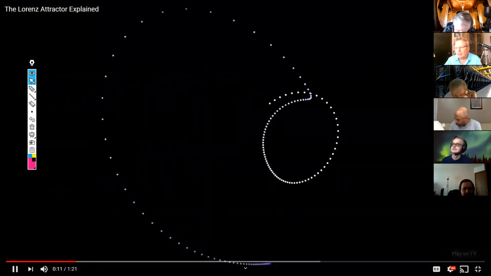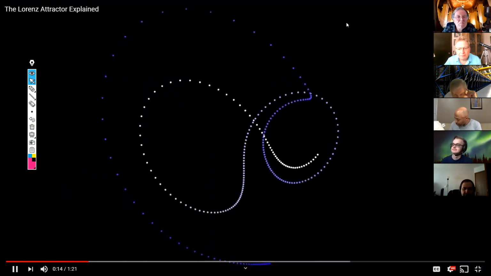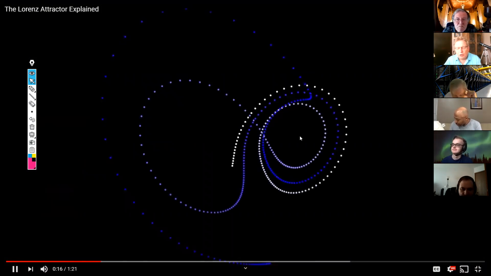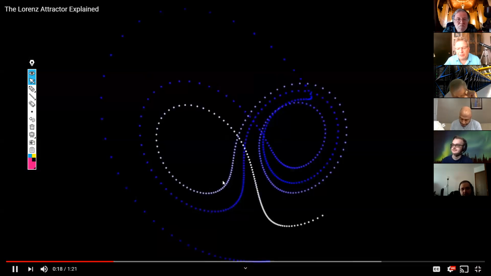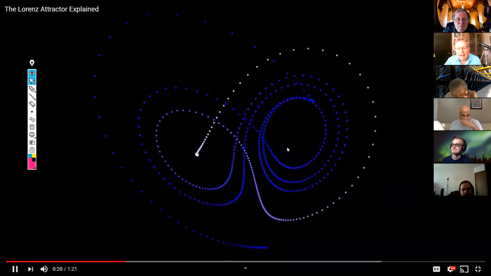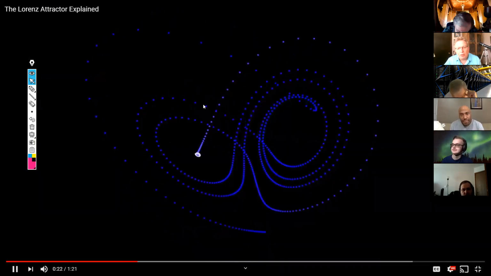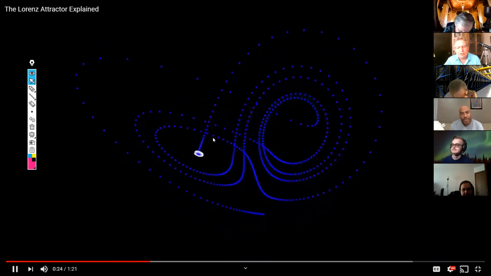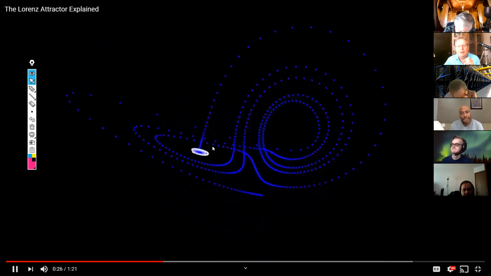Let's see if I can make it. So what you're saying is that he figured out this way of doing an analysis by changing the points that you give, the exact values, the precision of the initial conditions.